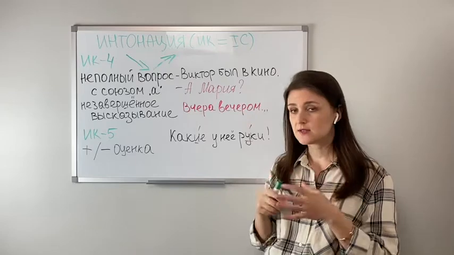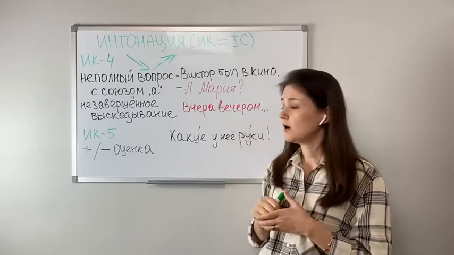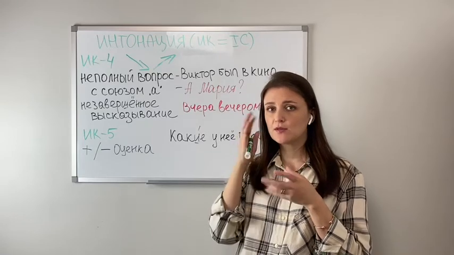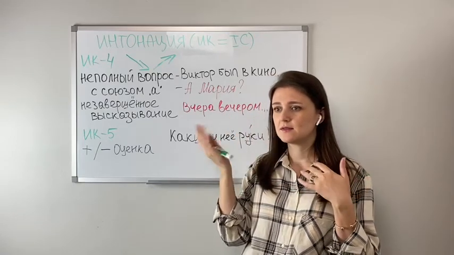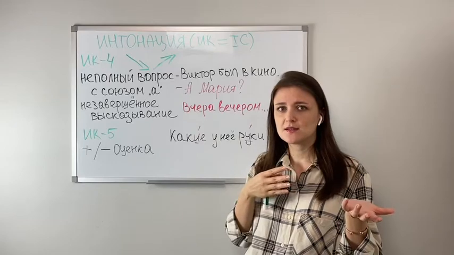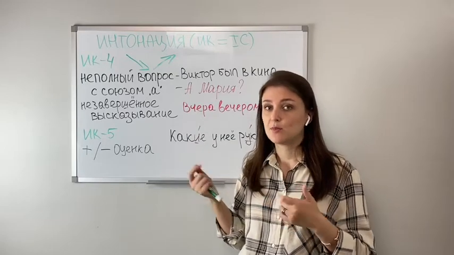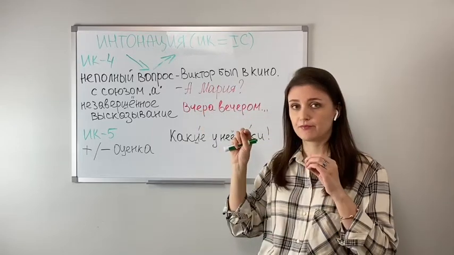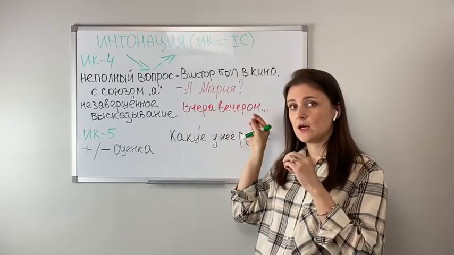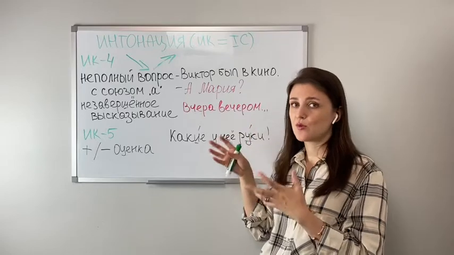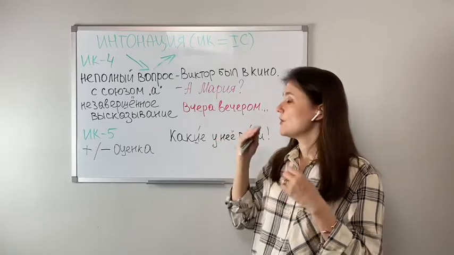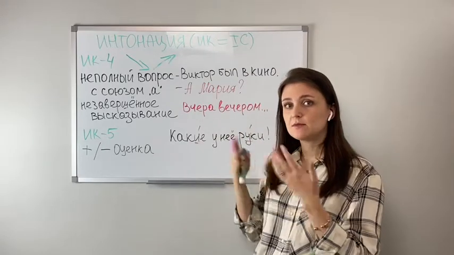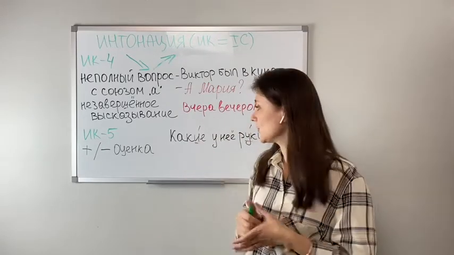In Russian syntax, we use this when we start talking about something, then we forget, and then we start our sentences, but we never complete this sentence. That's why I stress in red the 2 words in the beginning. Вчера вечером, and we want to say something, but we stopped, okay?